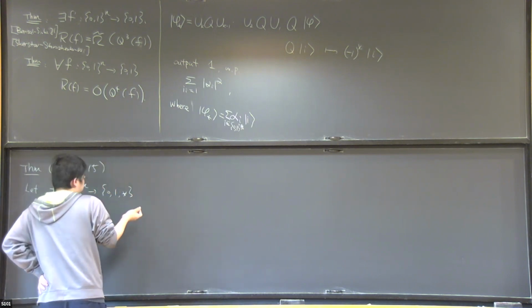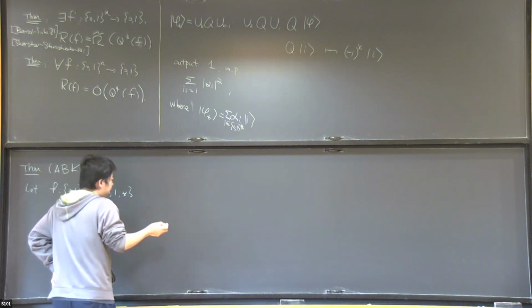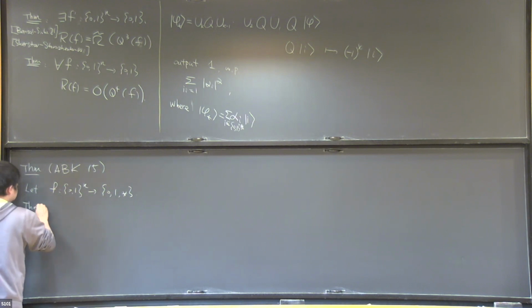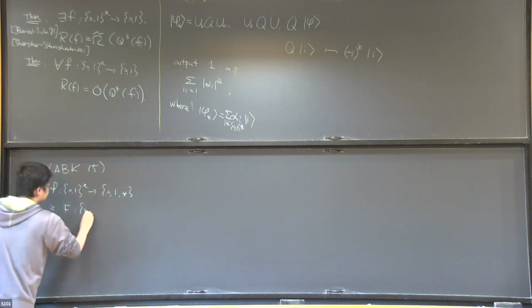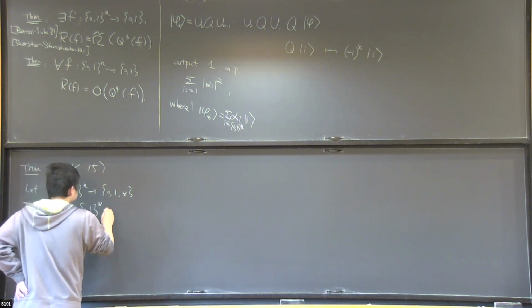Anyway, if you have a partial function, then there is a way to convert it into a total function whose input size is polynomially related to the original function.